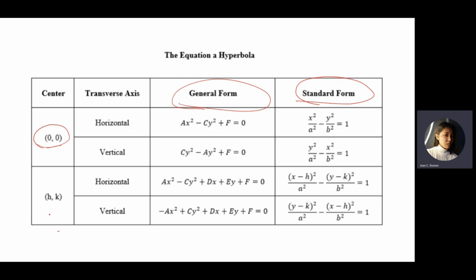While if the center has coordinates of h and k, so these are the equations, the general form, and these are the standard form. So katulad na nabanggit ko sa video na to, ita-transform natin yung general to standard and standard to general.